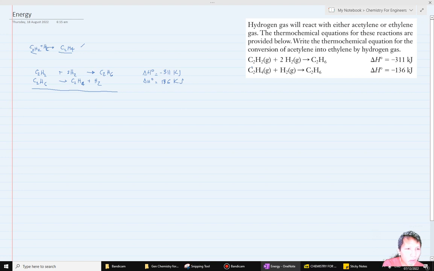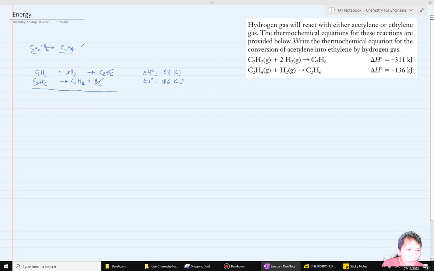As you can see, your C2H6 gets canceled, because if it appears as a product in one and a reactant in the other, that compound cancels out. If the stoichiometric coefficients differ, you have to multiply them so that they are annihilated from the chemical reaction. Another one is you have 2H2 and then H2, so you have 2 minus 1, which leaves H2.